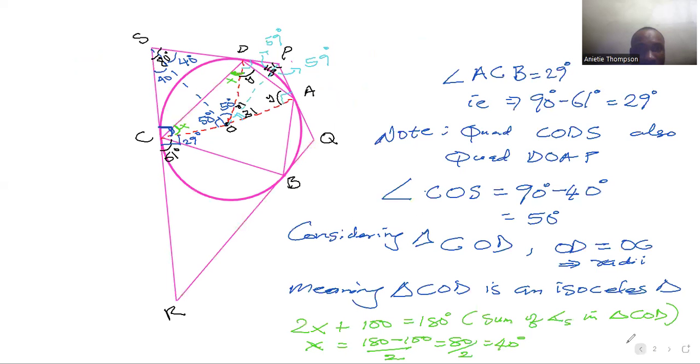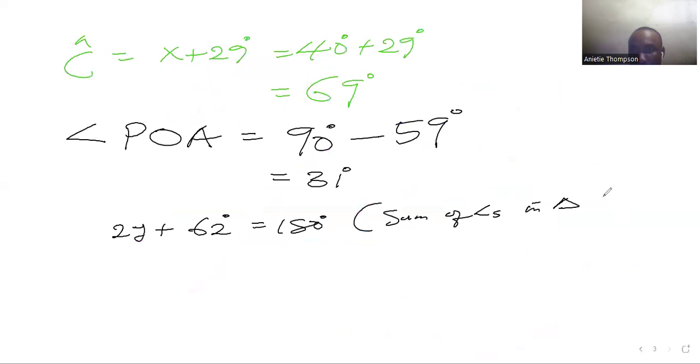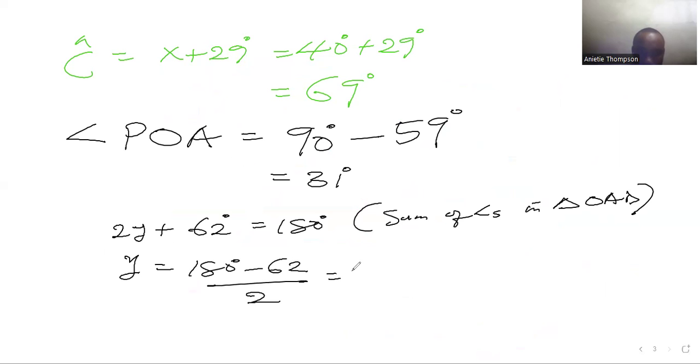And what's the name of the triangle? Triangle OAD. If you make Y the subject of the formula, Y will be equal to 180 degrees minus 62 degrees, divided by 2. And that is still going to give you 59 degrees.